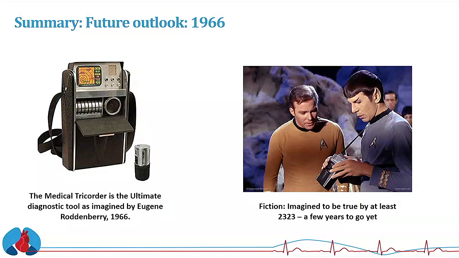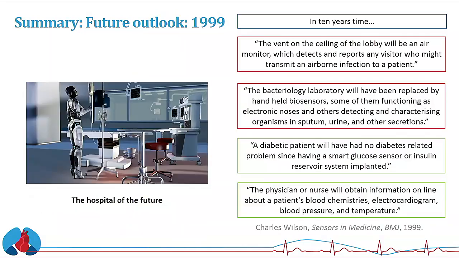So they have this big competition in America, and the winner is the person that can successfully cram the most diagnostic devices into a handheld. And it's worth $1 million, so yeah, why not? So that's the future outlook from 1966.